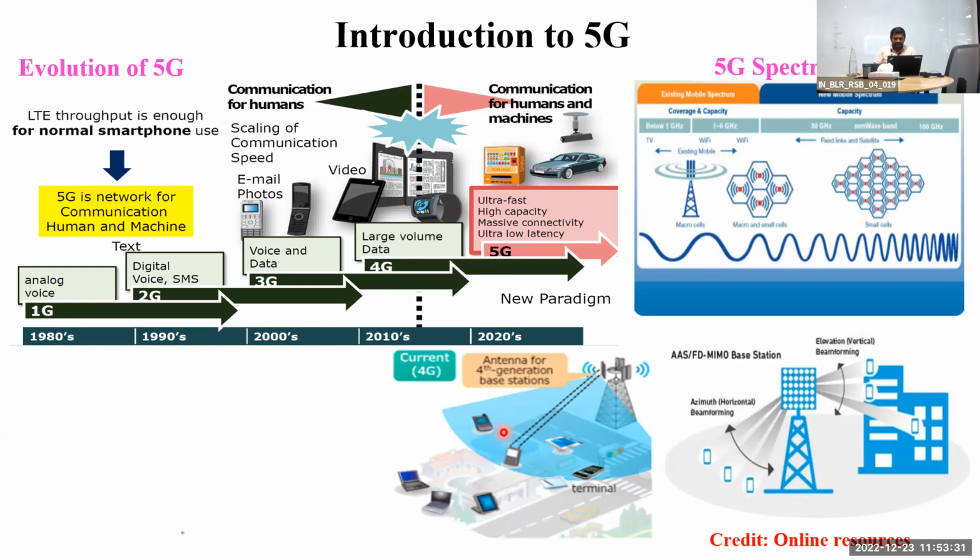But the disadvantage here is that whether a user is there or not, the coverage is still there. So you keep on pumping the power. Even if one user is there, your network has to be active, and so much power is being dissipated there. But the coverage range reduces.